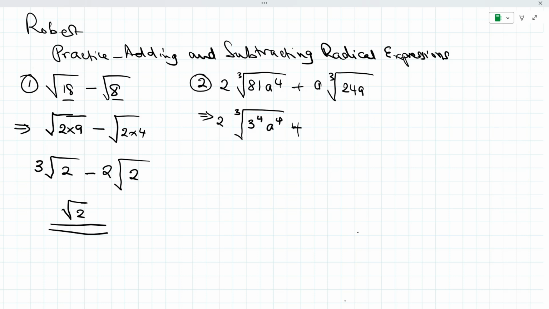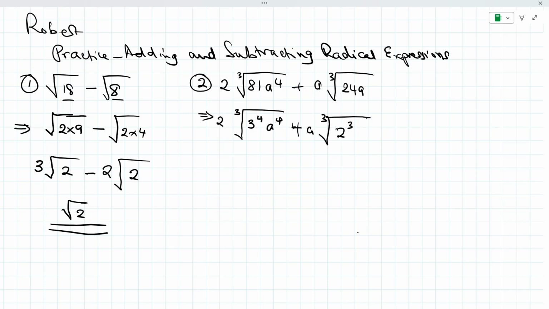And this is plus root. We had our a there, and this is cube root. Now we have 24, and 24 is 2 cubed.